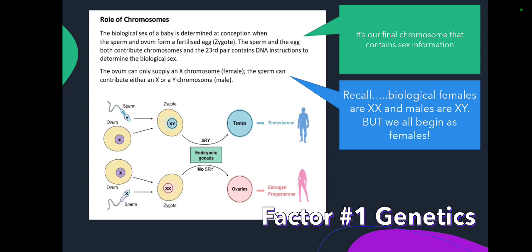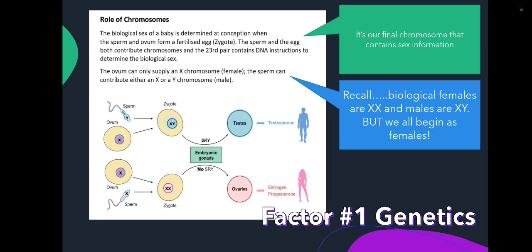You already know as well that we're born with 23 pairs of chromosomes, 46 in total. And it is the last pair of chromosomes, the 23rd pair, that contains the genetic information regarding our biological sex.